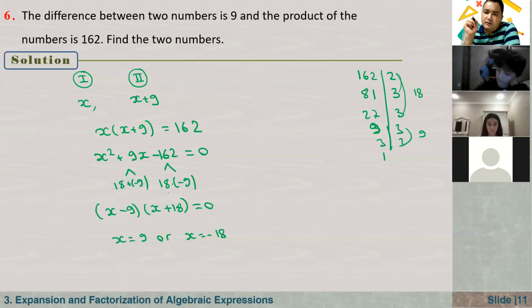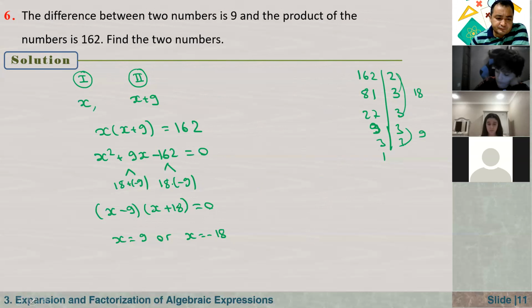But here, guys, the difference between two numbers is 9 and the product of the numbers is 162. To find the two numbers, as you see, the question doesn't say whether they are positive or negative. That's why you have to take both answers as possible answers.